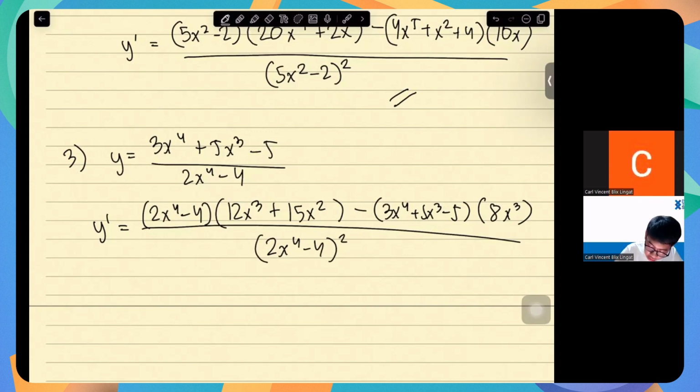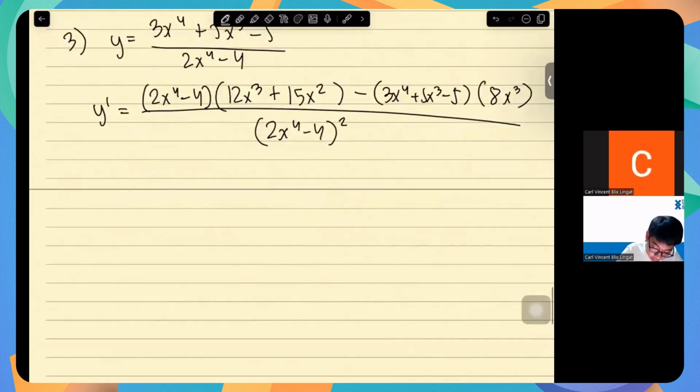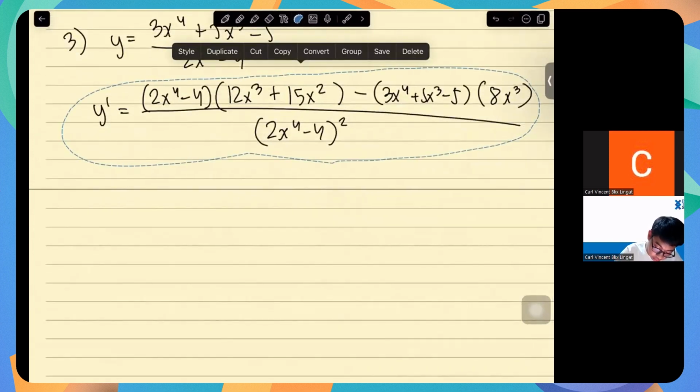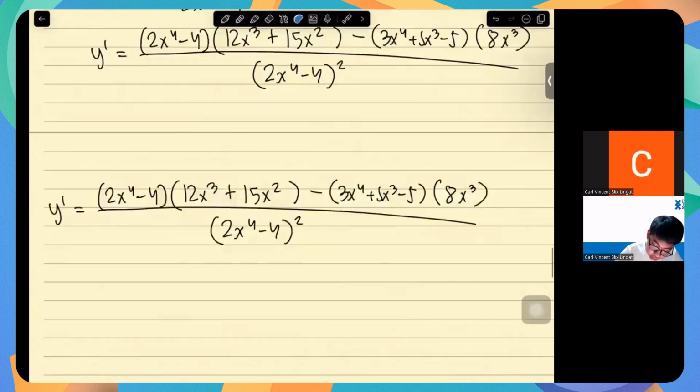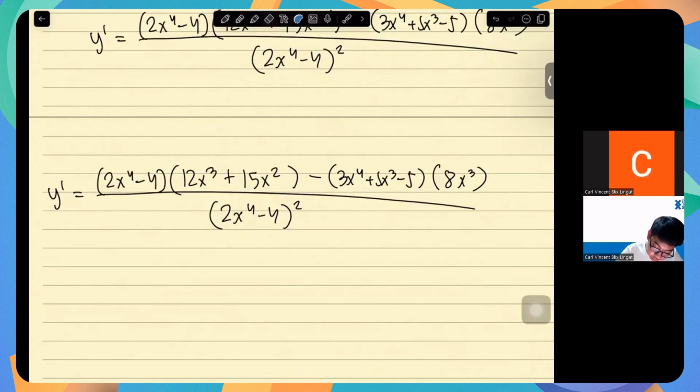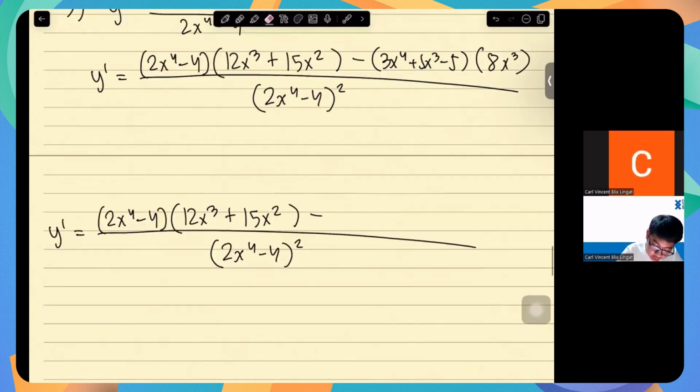Then let's just simplify this part. Let me just copy this. Let's distribute the 8x cubed right here into this part since it's not that hard to do.